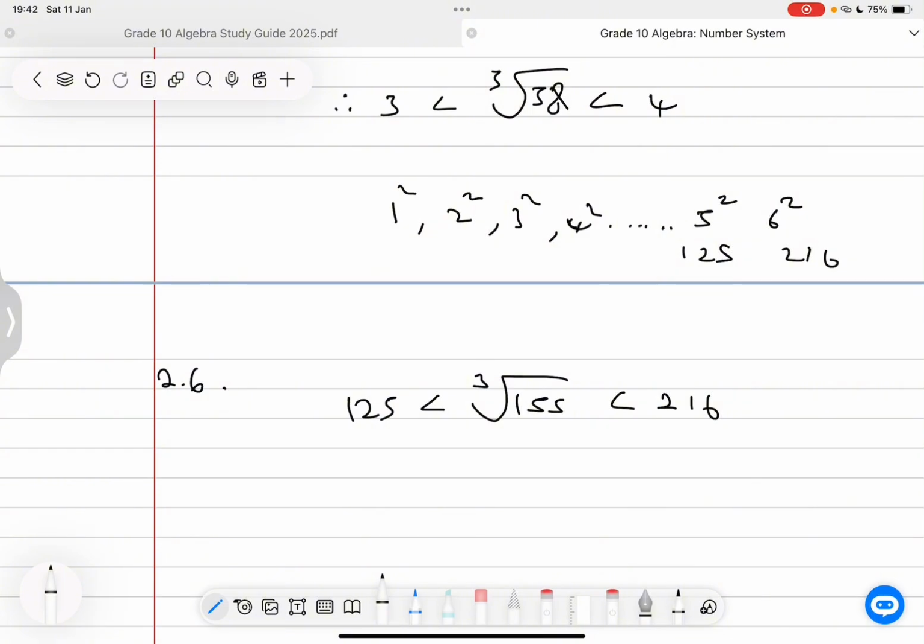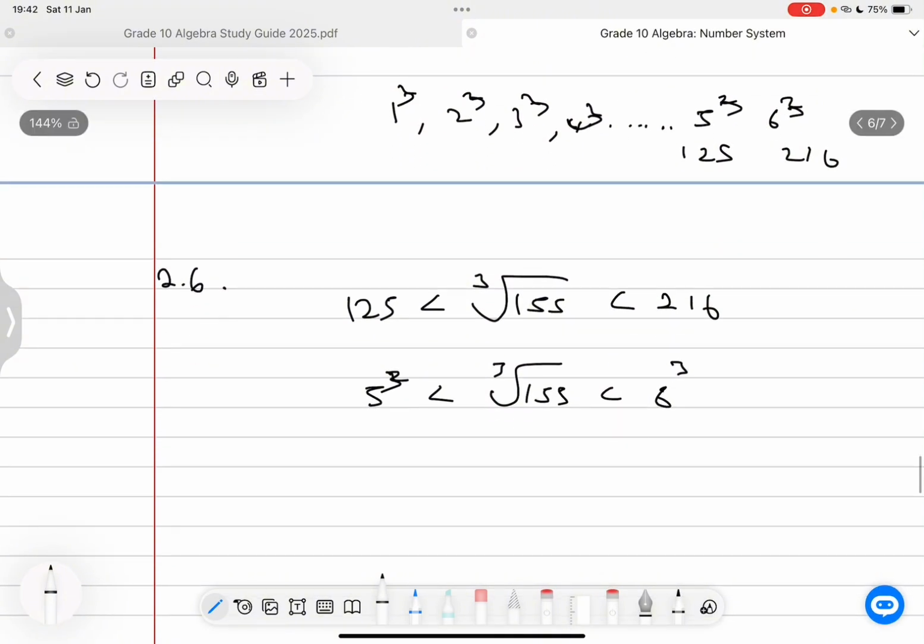So I can rewrite this the way they are. Here these are cubes, because I'm looking for cubes. So if I write this in this fashion, it will transform into 5 to the power 3 less than 155 less than 6 to the power 3. Now at this stage, I can put my cubic roots on both sides.